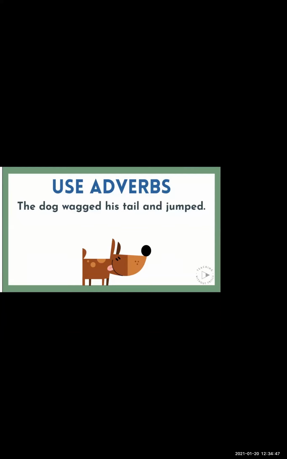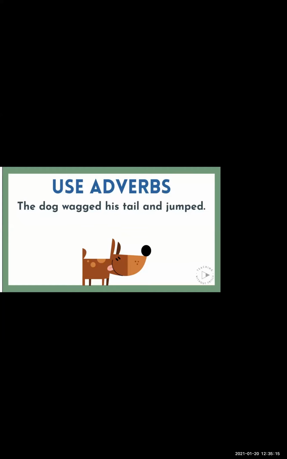Yes, in this sentence, we don't have an adverb. Okay. The dog wagged his tail and jumped high. Very good. High is an adverb. Where did he jump? High.